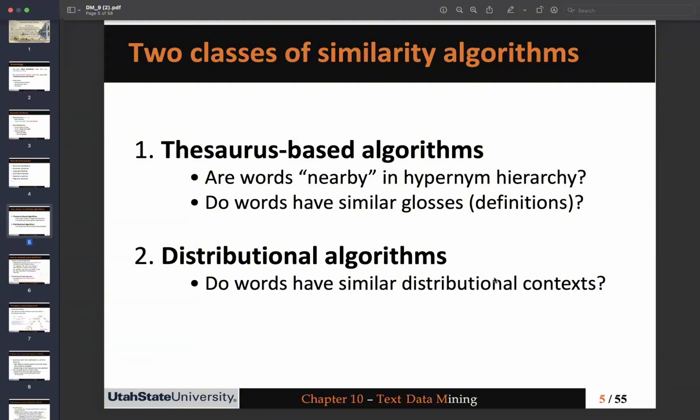If they do, then they must be semantically similar. This is the idea behind a lot of modern embedding methods, the ones that are mostly used as well, such as word2vec, GloVe, fastText, etc. All the modern ones are based on distributional approaches.